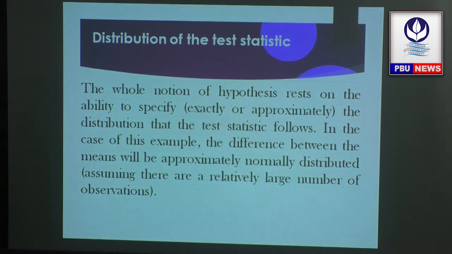In the case of this example, the difference between the means is approximately normally distributed, assuming there is a relatively large number of observations. Now, we know that the sample mean, that means x bar, is an unbiased estimator of the population mean.